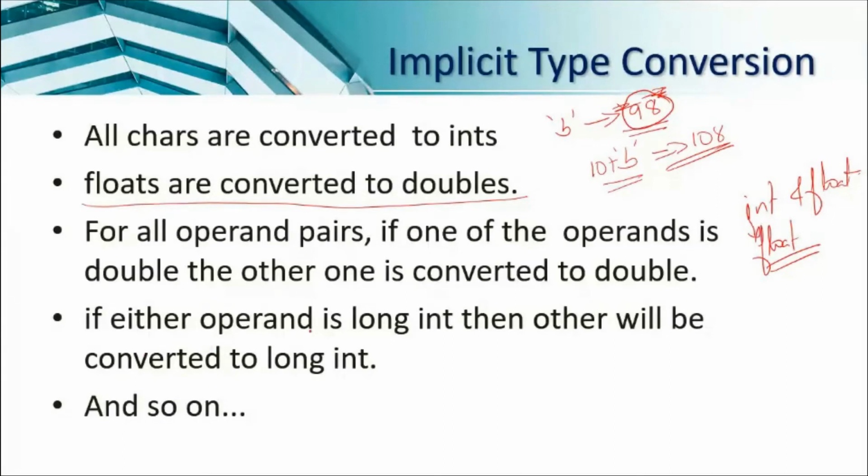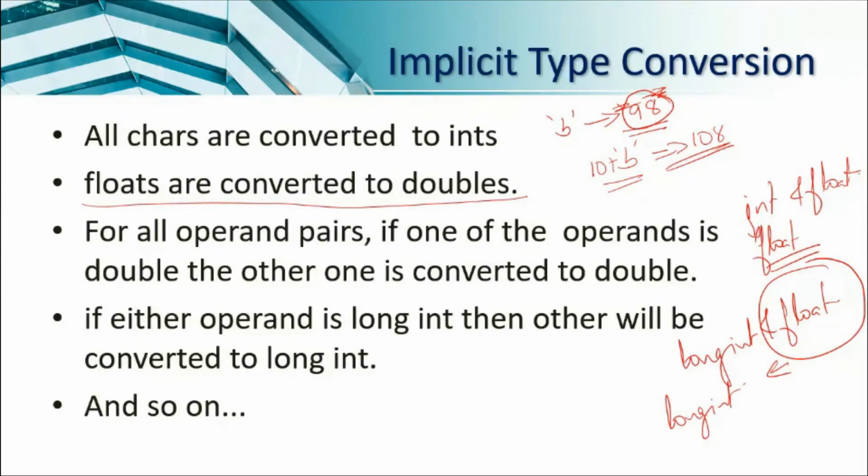And if either operand is long integer, then the other will be converted to long integer. So if one operand is long integer and the other is float, the float value will be converted to long integer.